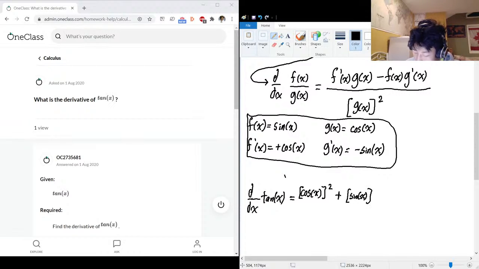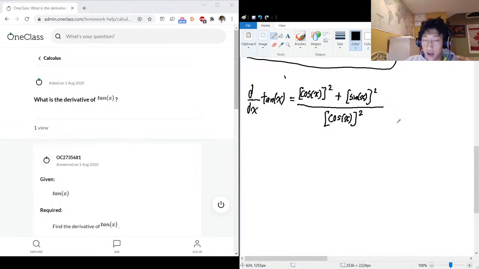And that entire sine x thing becomes squared, because we have sine times negative sine, which is negative sine squared, but originally we're subtracting, so it becomes positive sine squared. And the bottom of this whole equation is the original bottom, g of x, cos x, but we've got to square it.